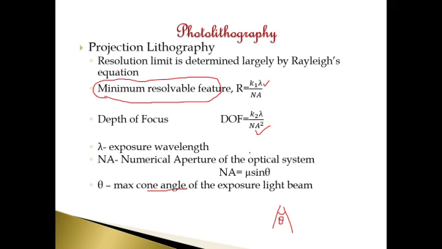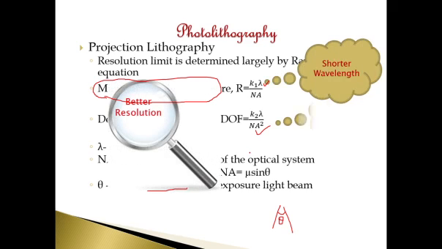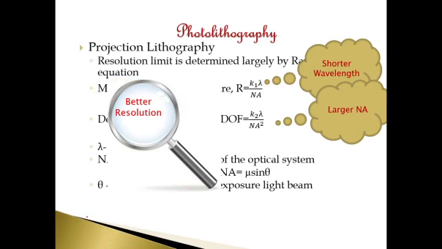From the equation it is seen that for better resolution, lambda is in the numerator, so R must be less, which means lambda must be less, and numerical aperture has to be large enough.